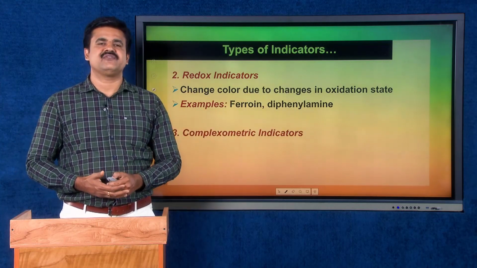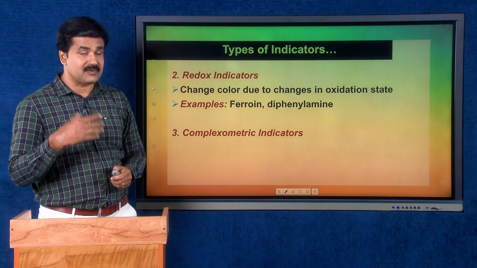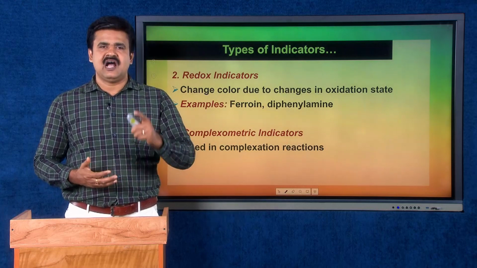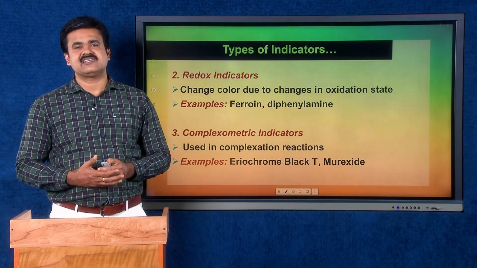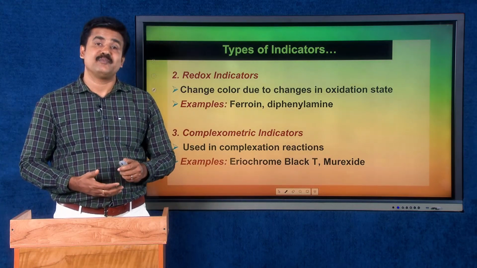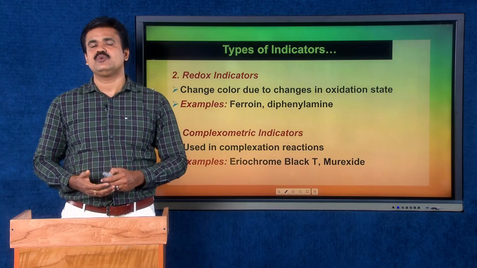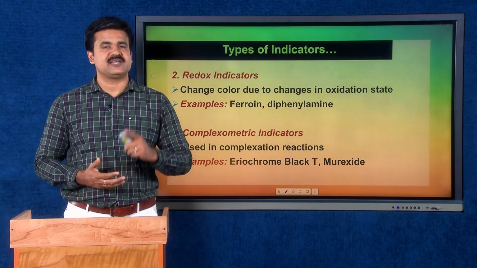Another category of indicator is the complexometric indicator. They are the indicators used in complexometric titrations, and these are exemplified by eriochrome black T as well as murexide. These are two important compounds which are used as indicators in complexometric titration.